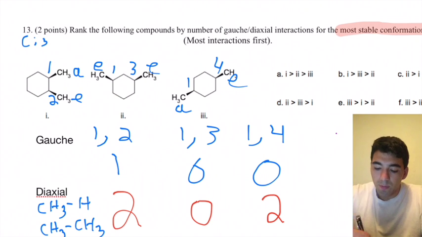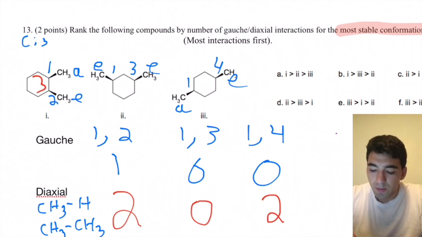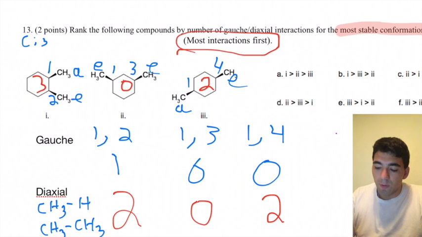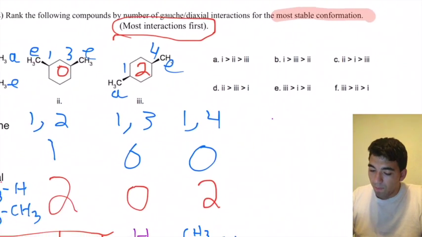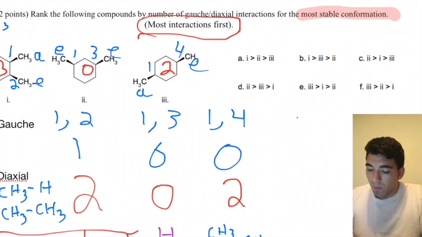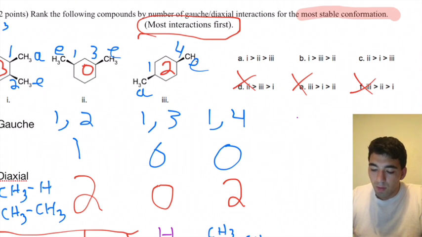For compound 1, we have 3 interactions, 2 is 0, and 3 is 2. And they want most interactions first. Okay, so 1, 3, 2. 1 has the most interactions, then it's 3, so our answer is B.